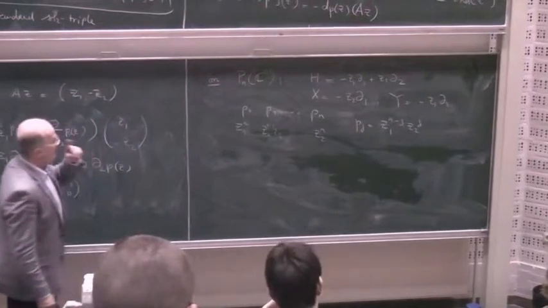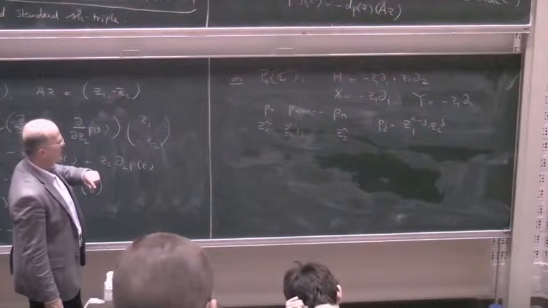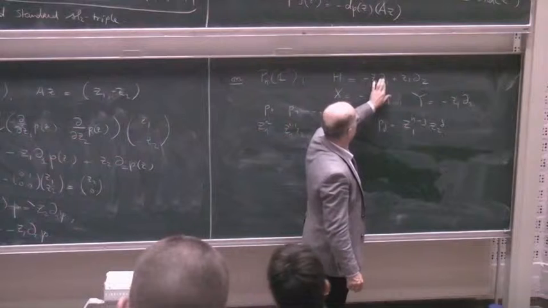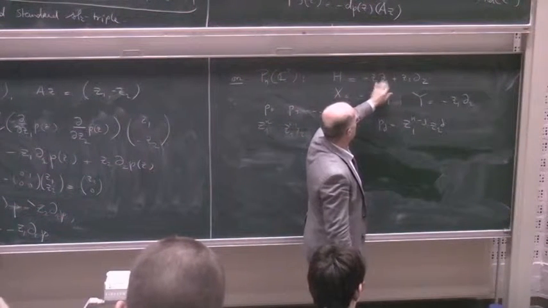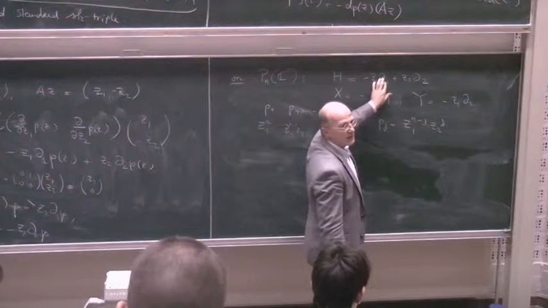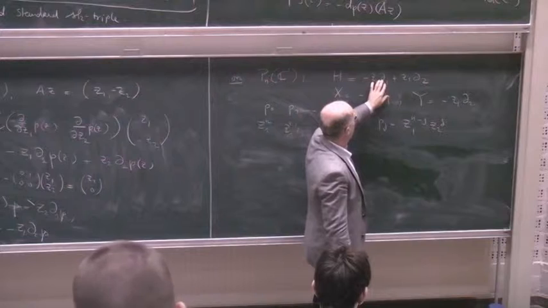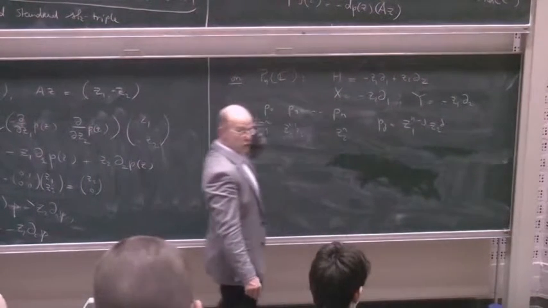Now let's look at what happens if we differentiate. This preserves the homogeneity. This preserves the degree in the variable z1, and this preserves the degree in the variable z2.